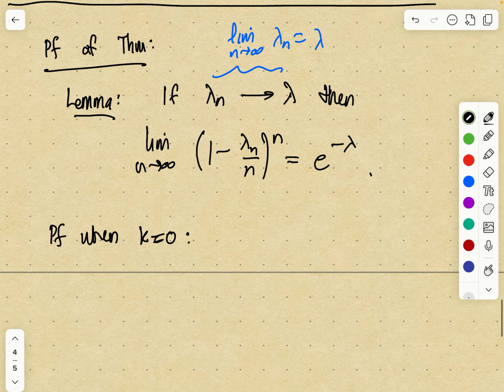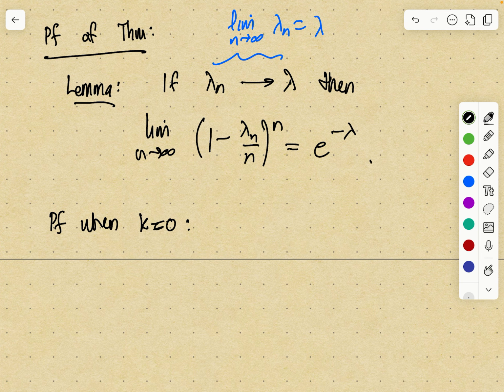Well, the probability that S sub n is 0 is n choose 0, which is 1, times p sub n to the 0 power, which is 1, times 1 minus p sub n to the nth power.